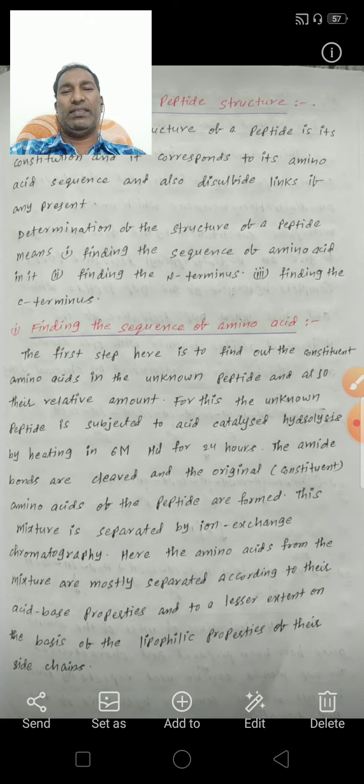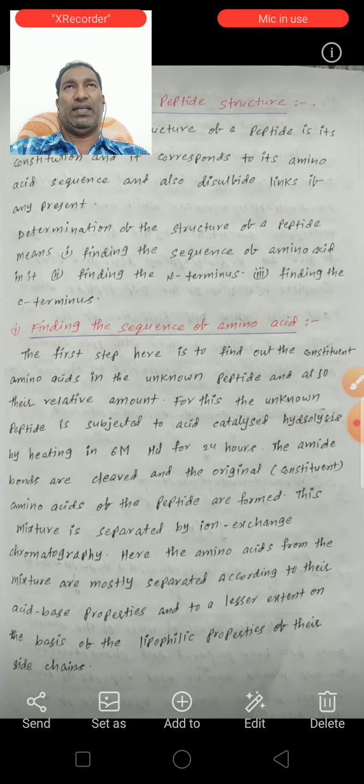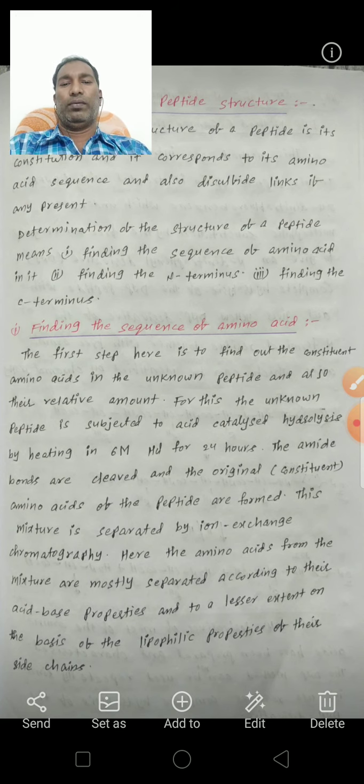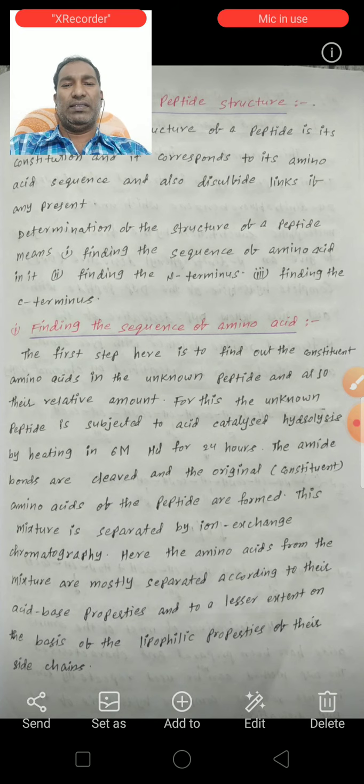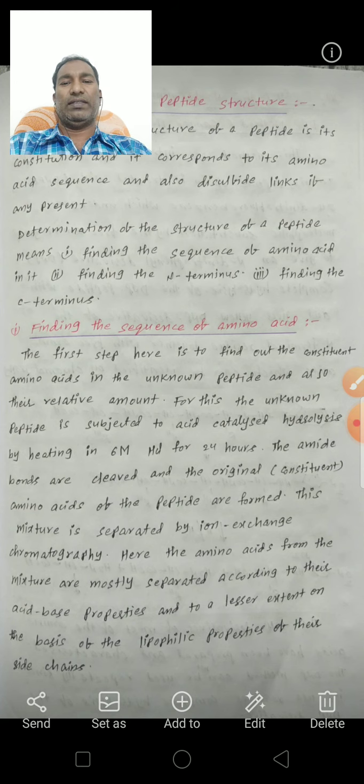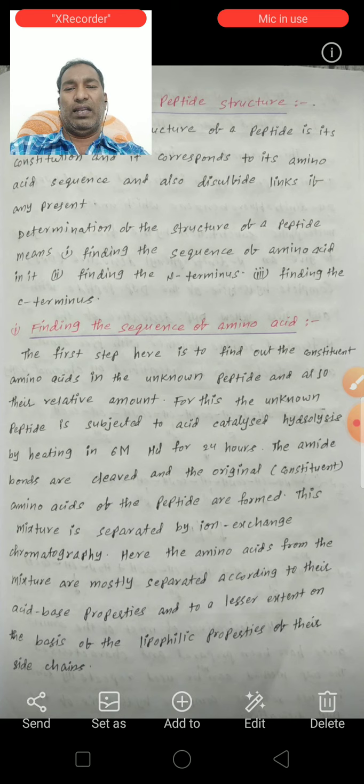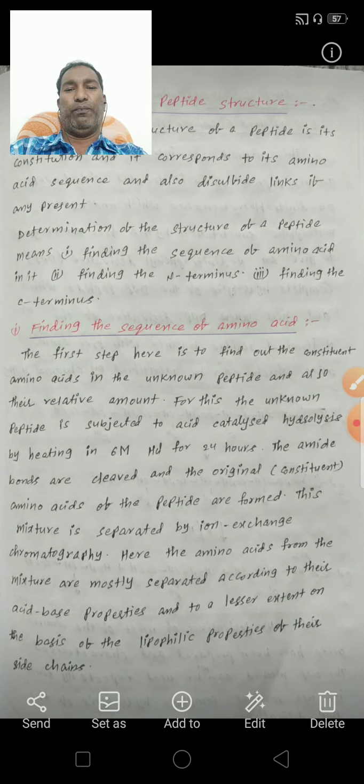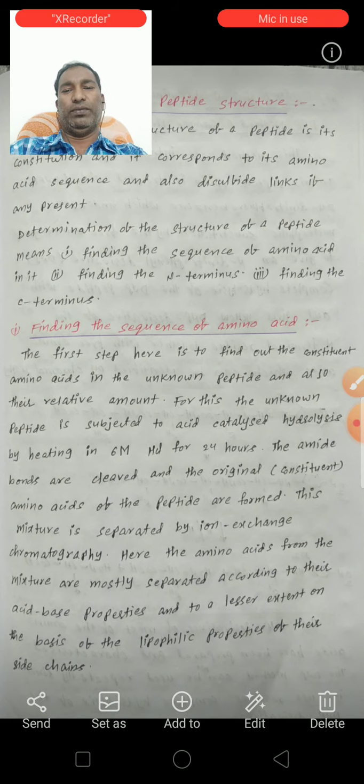So for finding the sequence of amino acids, we take the unknown polypeptide, which is hydrolyzed by HCl catalyst. The amide bonds are cleaved and the original amino acids of the peptide are formed.